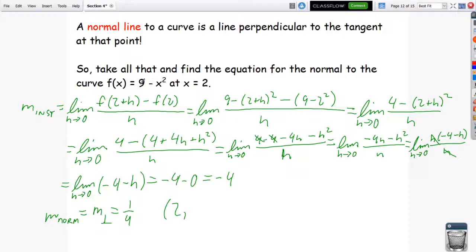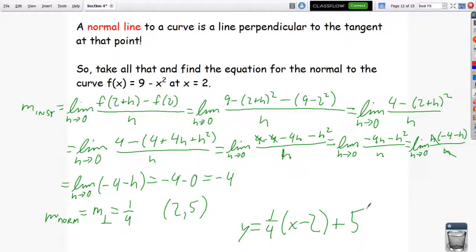So 2 squared, 9 minus 4 gives me 5, 2, 5. So the equation of the normal line at x equals 2 would be y equals slope of 1/4 for the normal line times the quantity of x minus x1, which is 2, plus y1, which is 5. There's my normal line.